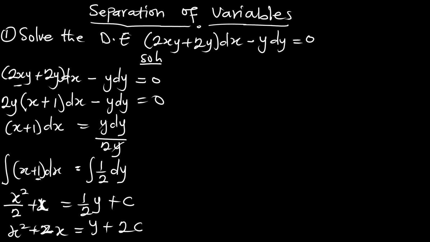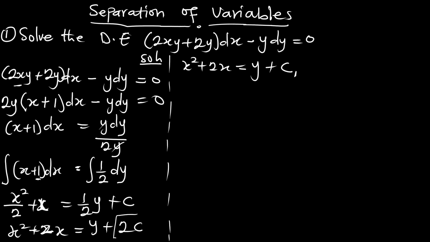But 2c is also a constant. No matter what we have, the 2c is a constant. So we can finally write it as x squared plus 2x equal to y plus c1. So this c1 is going to represent the constant 2c.